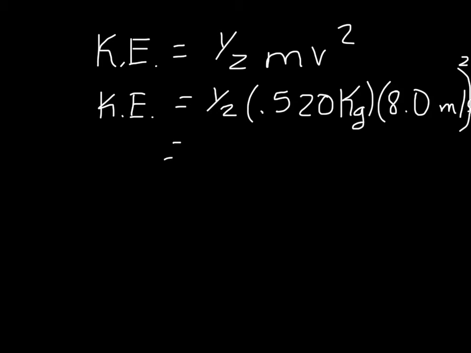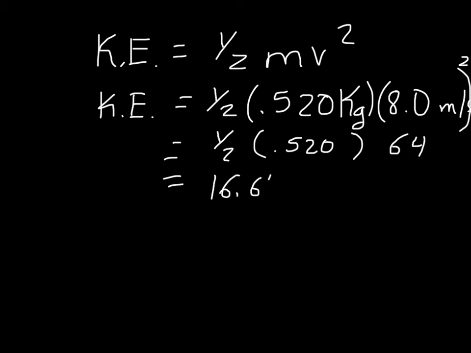So now we can plug these numbers into the calculator. We have to square 8, that'll give us 64. And then we're going to multiply 0.520 and 1/2. And that'll come out to 16.64.